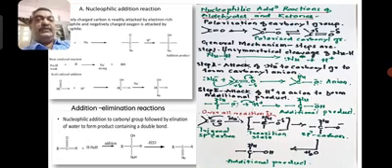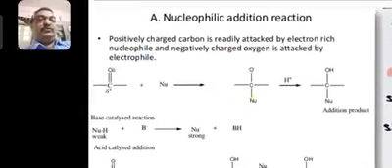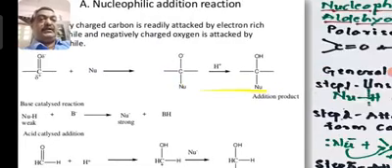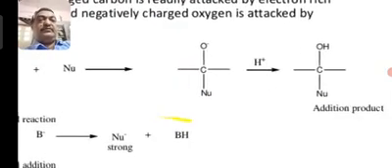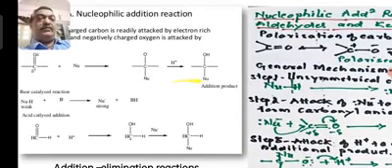Last time I explained it, but again I want to go through what a nucleophilic addition reaction is. As I already mentioned in the previous slide, carbon is plus and oxygen is minus. What is a nucleophilic reagent? That is NuH.